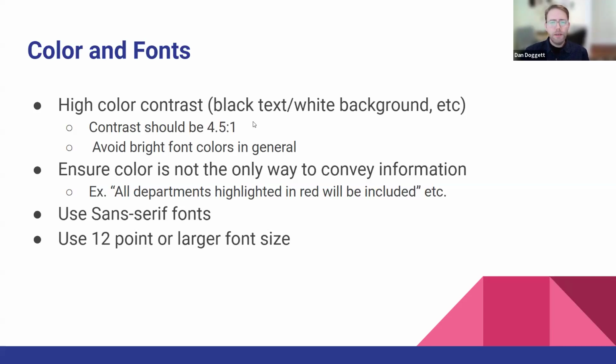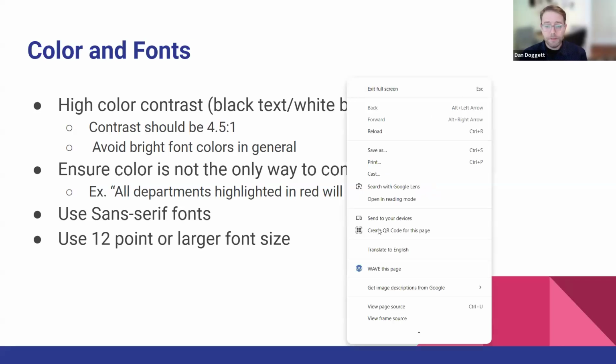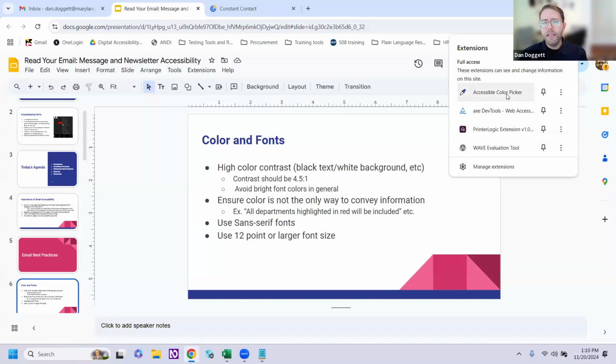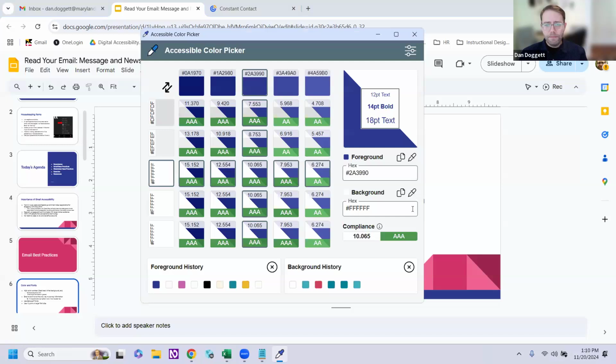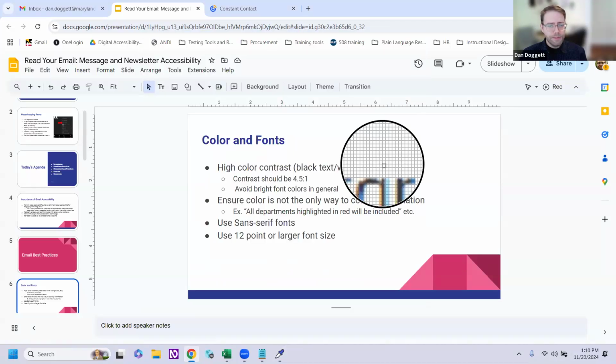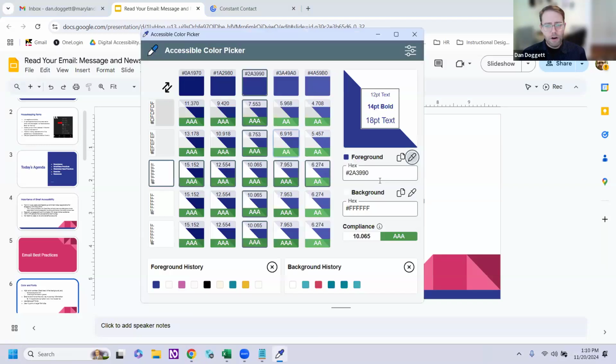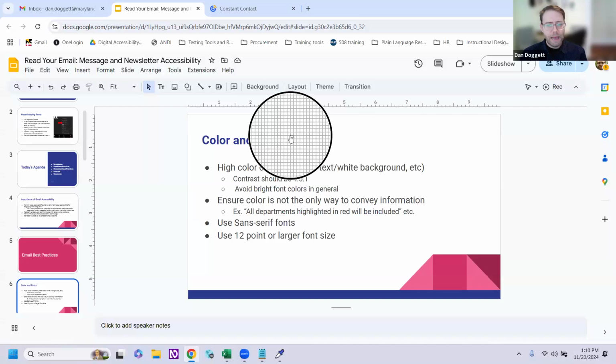If you want to use different text colors, there are various tools that can help you do that. I use a free add-on. Let me see if I can get to it here. So this is the accessible color picker. I use this all the time because I do a lot of testing of websites and information, and I can actually test to see if that font is going to work against that background.